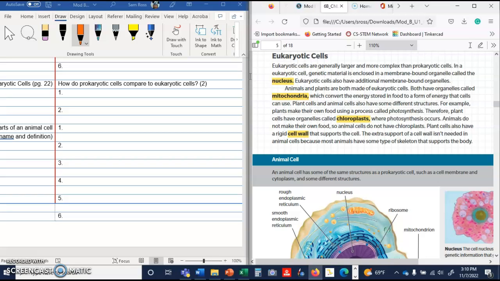Eukaryotic cells are generally larger and more complex than prokaryotic cells. So we want to write both of those down. So maybe this should be switched: how do eukaryotic cells compare to prokaryotic? So we know that eukaryotes are larger and eukaryotes are more complex.